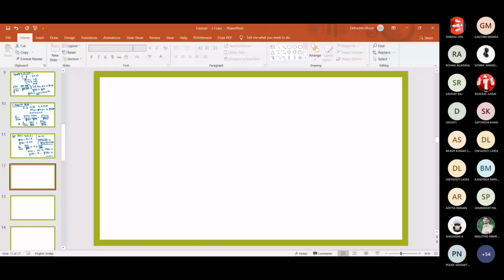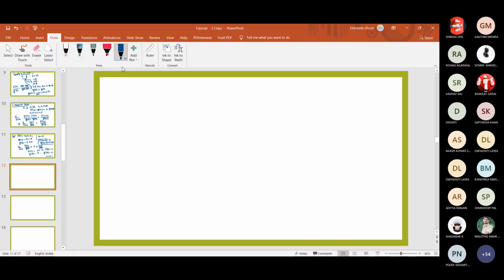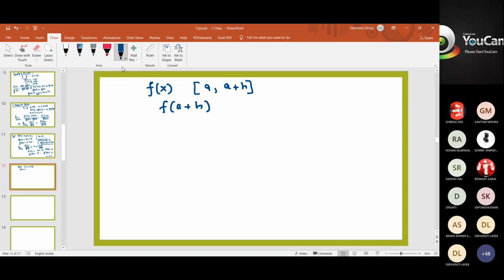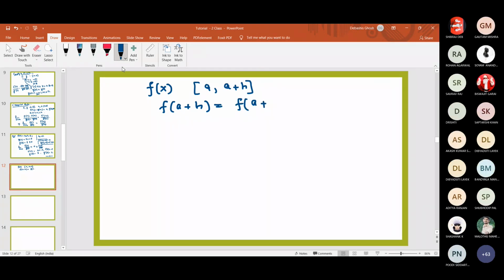If we recall the Lagrange's mean value theorem, we can find that if you have the function f of x defined over the interval a to a plus h, then we can write f of a plus h equals f of a plus h into f dash of a plus theta h, where theta lies between 0 and 1.